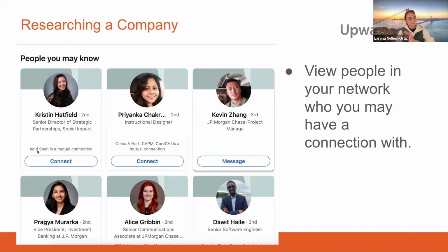So let's say, hypothetically, Kristen is going to interview me. I would definitely want to connect. And I would say, oh, wow, I see Aditi is a mutual connection. I worked with Aditi at Upwardly Global. And I know that this might also not happen for you because maybe you're still growing your network.